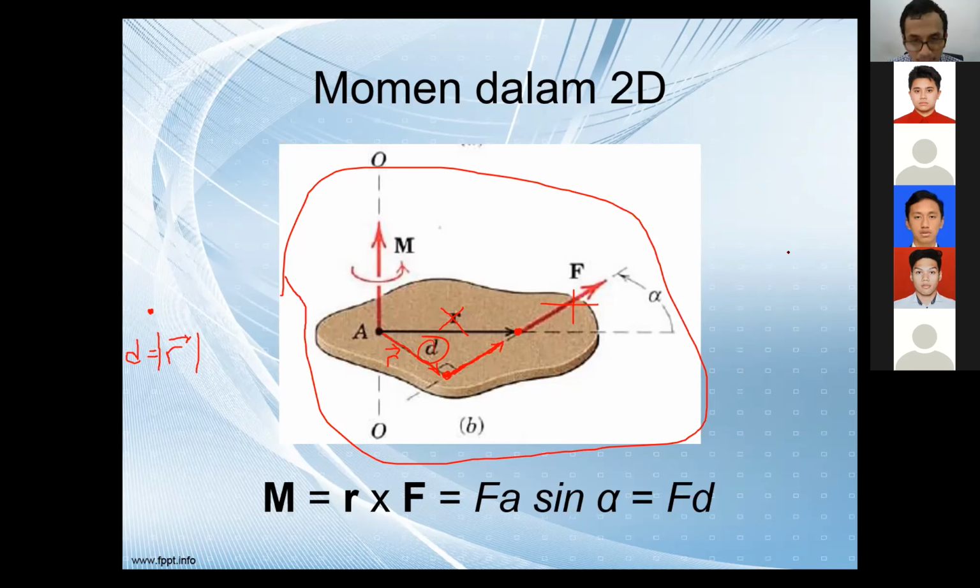And the magnitude of A here, which in the previous case is actually the magnitude of the previous R, remember. So in this case, D is the same as A.